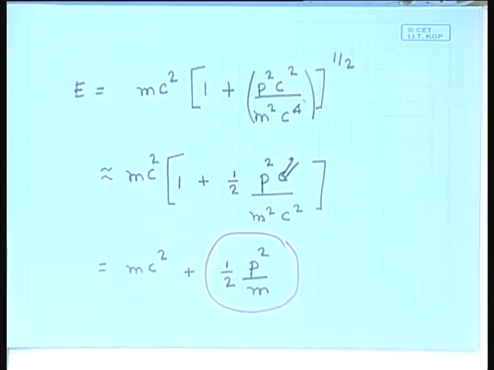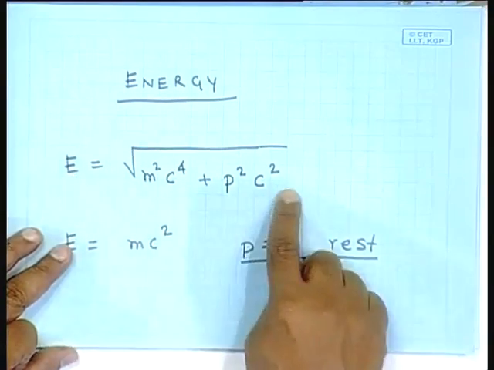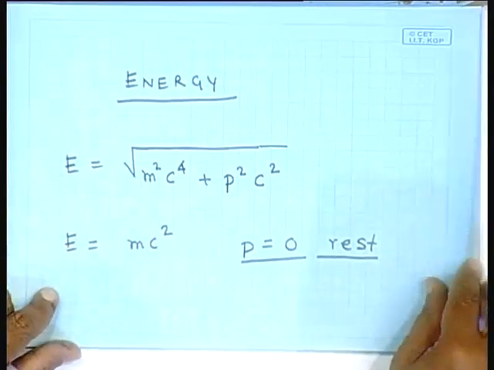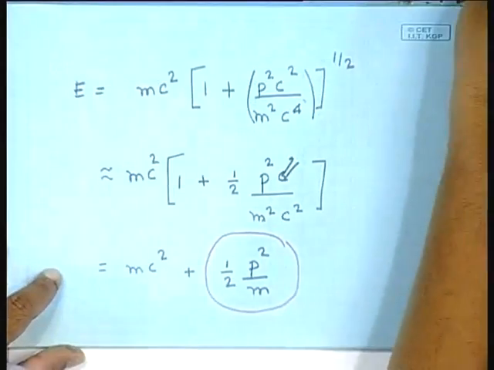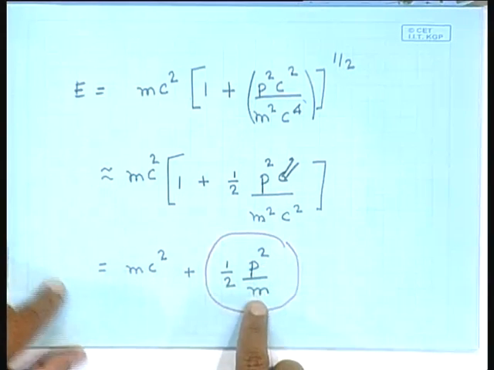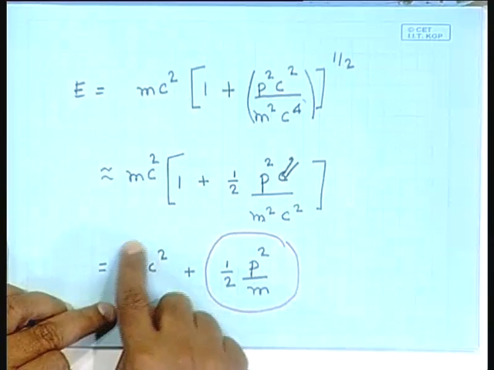Now, notice that this formula which Einstein gave, the correct full formula relating the energy to the momentum, gives you, when the particle is moving slowly, the good old Newtonian result that the energy is p²/2m plus a constant mc², which is the rest mass energy.